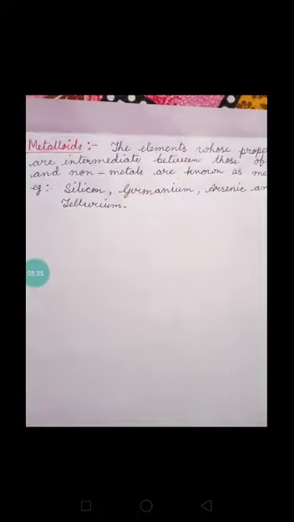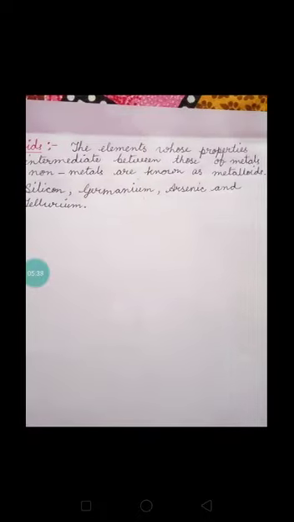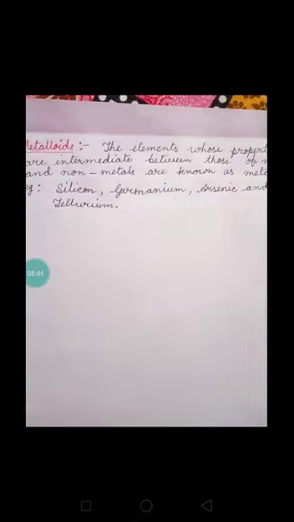Now see, apart from metals and non-metals, there are some elements whose properties are intermediate between those of metals and non-metals, known as metalloids. For example, silicon, germanium, arsenic and tellurium. These are metalloids.